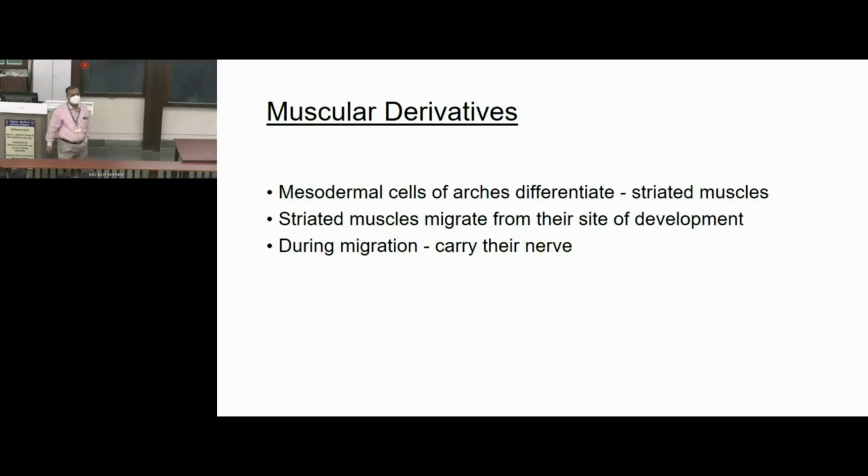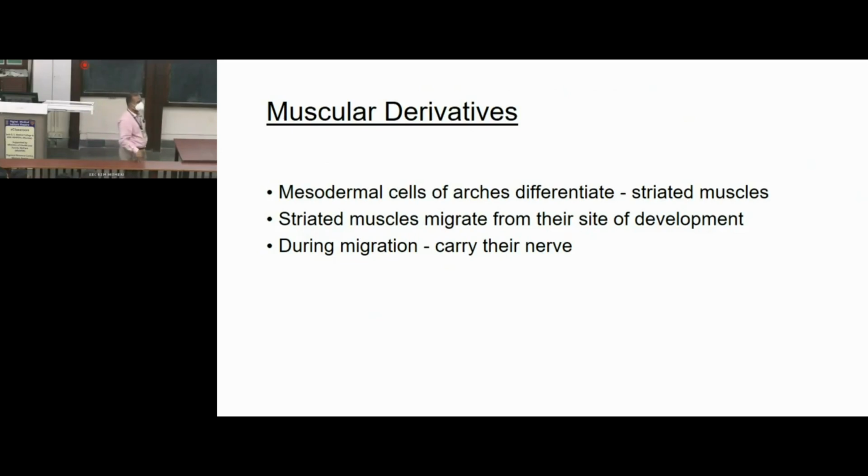What happens to muscles? They differentiate into striated muscles, they migrate from the site of development, gain attachment elsewhere for functional purposes, and during migration they carry their nerve with them. It is important, each of the points is important, because there are certain muscles that develop in the head and neck, but they migrate for functional purposes elsewhere, but they carry the nerve with them.